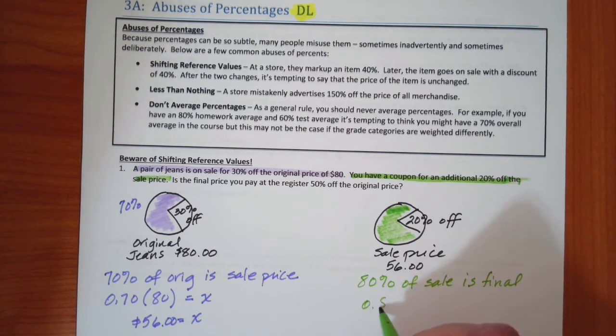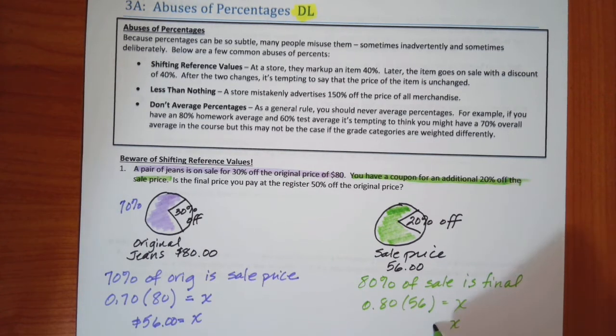So that 0.80 times 56 is X, which tells you that your final price is $44.80.